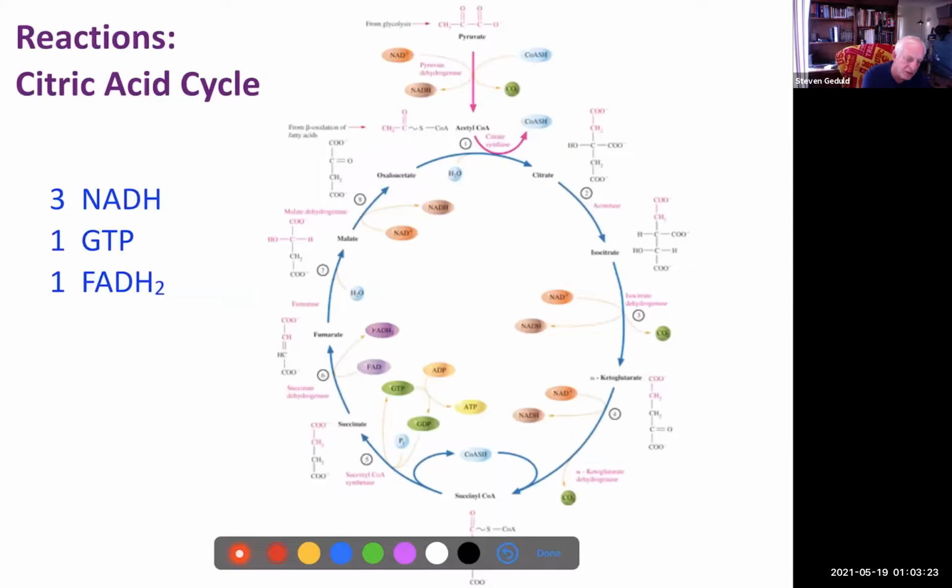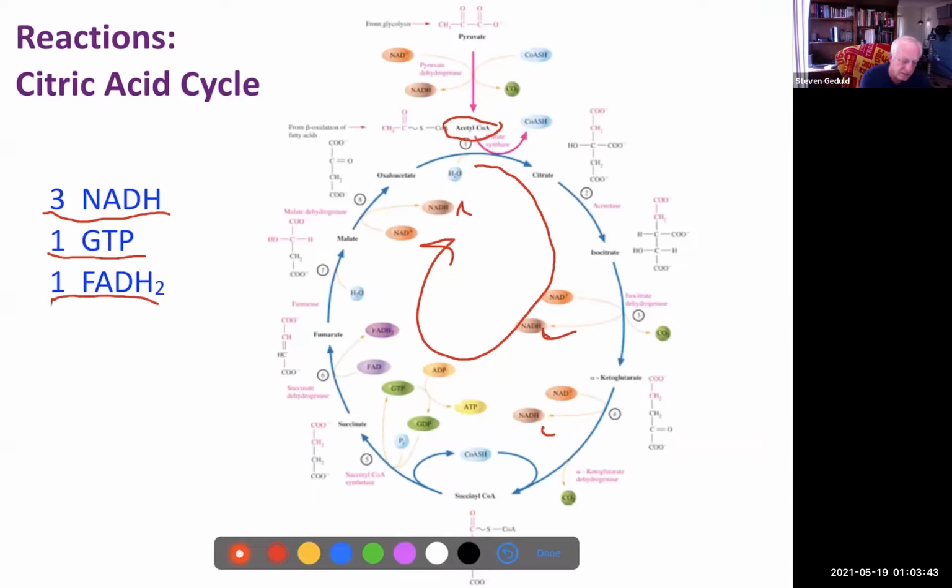But as you run through, this is your acetyl coenzyme A right there, and it runs through the citric acid cycle. And as it spins, it produces 3 NADHs. Okay, there's your NADH, there's your NADH, there's your NADH. It produces 1 GTP and produces 1 FADH2 as you run through the cycle, right? Remember that?